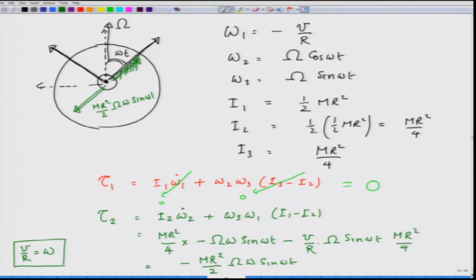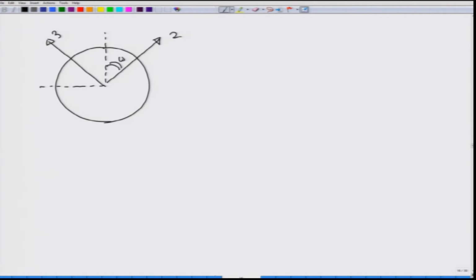How about tau 3? So, let me make this picture again. I have the original 2 and 3, this is my axis 2, this is my axis 3, this is omega t, and we have already calculated that tau 2 is in this direction and its magnitude is mr square by 2 capital omega, omega sine of omega t.